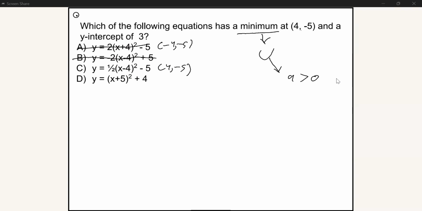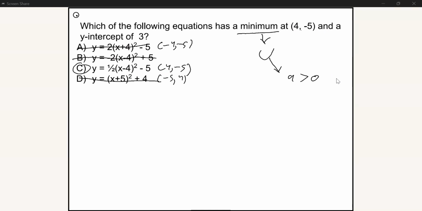And then D has a -5, 4, which does not work. So I can already tell you, even before we did the y-intercept part, that C is your answer, right? Just based off of the vertex and the fact that it is 4, -5 and facing upward.